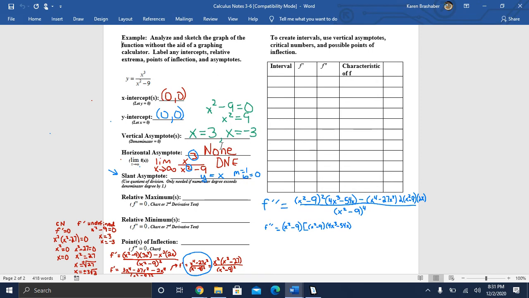In the second part, though, the x squared minus 9 factored out, and so I have 4x, and then I still have the x to the fourth minus the 27x squared. And then the denominator, I have that x squared minus 9 to the fourth power. And I can do some canceling. So this will become a third power because this is going to cancel.